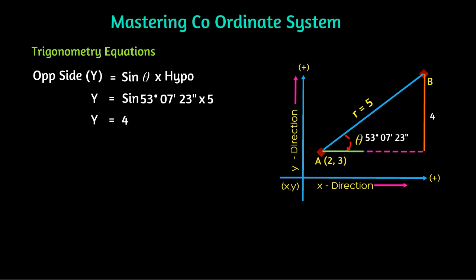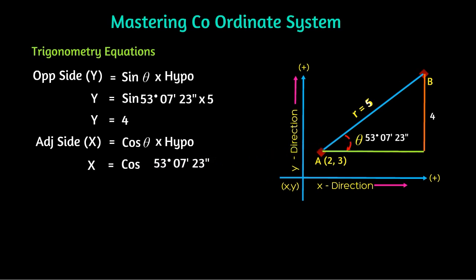Similarly, to find the adjacent side value, that is the x value, let us use the cosine. Cos theta equals adjacent side by hypotenuse. So, the adjacent side value, that is x, equals cos 53 degrees 7 minutes 23 seconds times 5. The value of x equals 3.000.